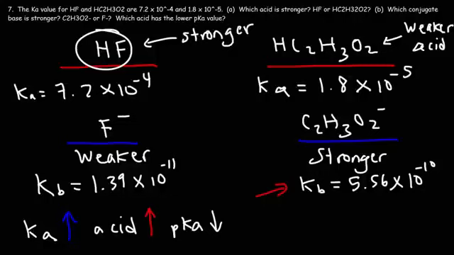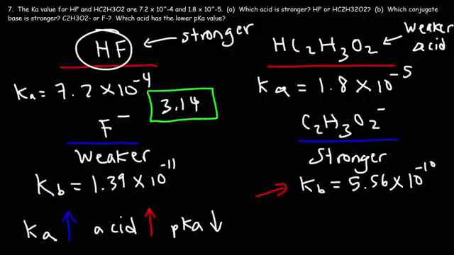And let's calculate pKa. So let's take the negative log of that number. Negative log of 7.2 times 10 to negative 4 is 3.14. So this is the pKa value. For HF, it's 3.14. Now the pKa value for acetic acid, if we take negative log of 1.8 times 10 to the minus 5, we get this familiar value. It's 4.7447, so you can round it to 4.74 or 4.745.